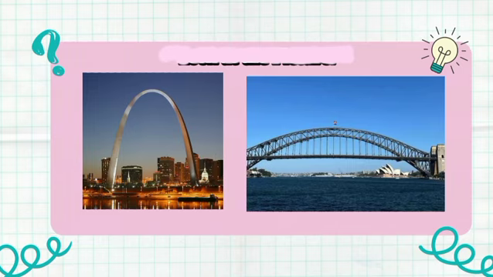This shape is called a parabola. A parabola is the graph of a quadratic function, just as a straight line is the graph of a linear function. In this video, we are going to learn about quadratic functions, including their graphs.